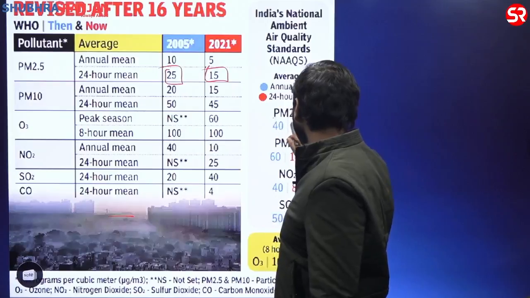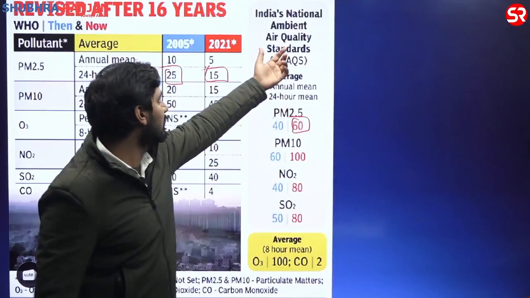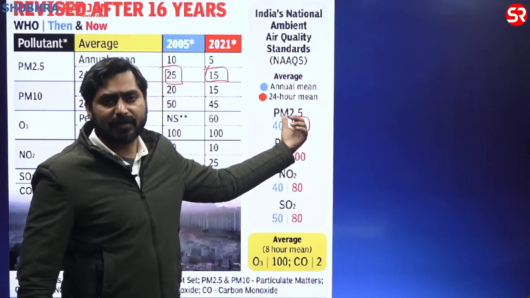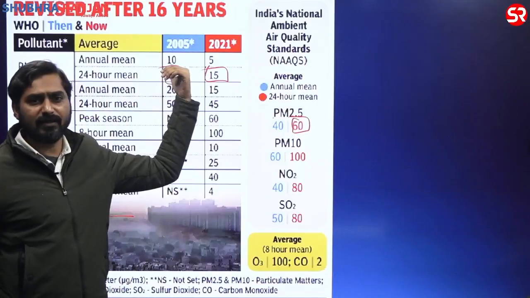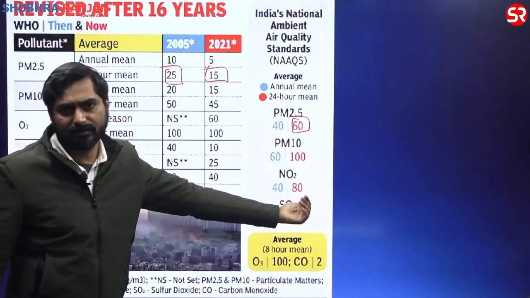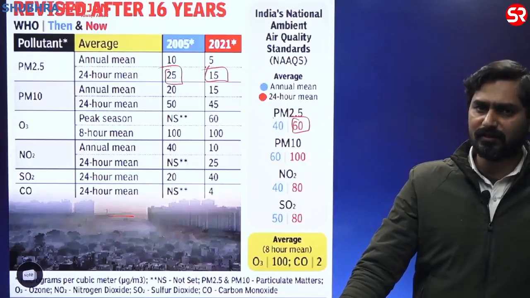Our standard is 60. So the national ambient air quality standards prescribe a limit of 60 micrograms. Even the 2005 standard was much more stringent than our standards. So this is what they are trying to assess, how much difference there is.